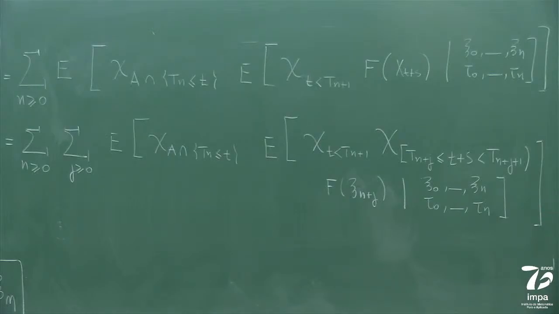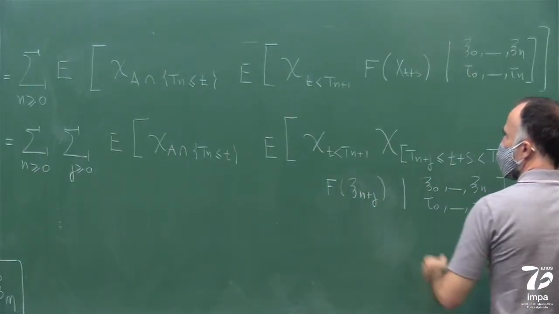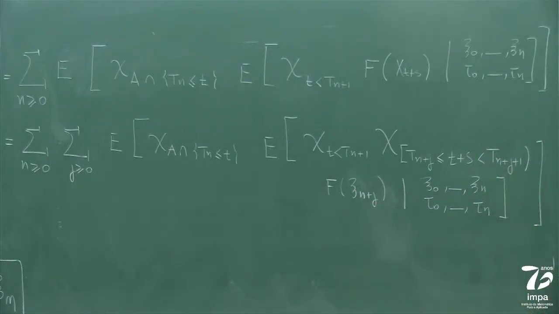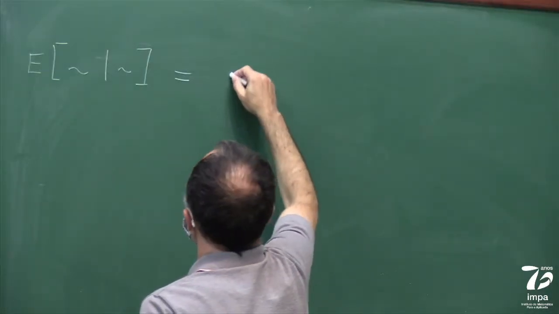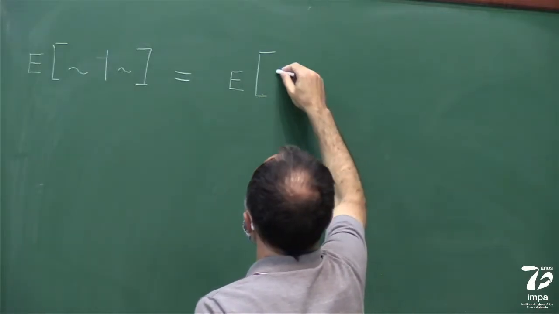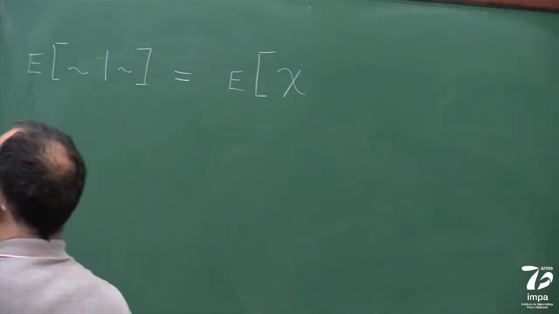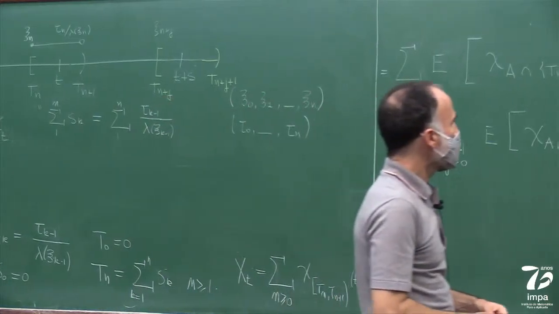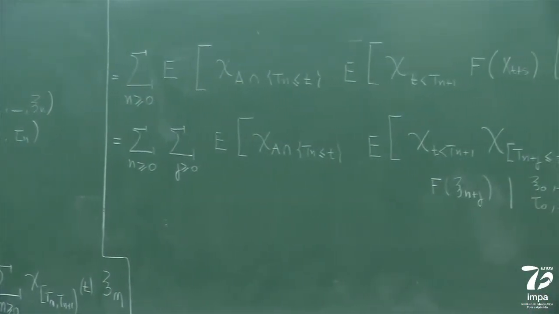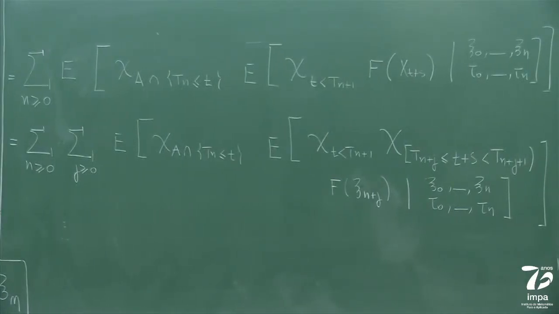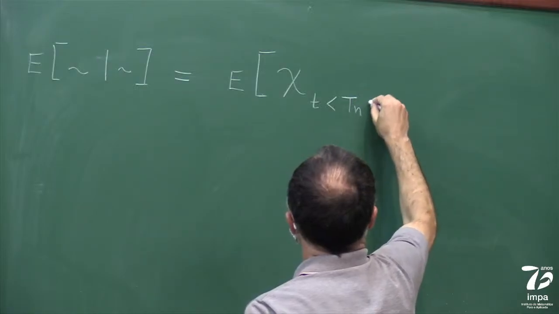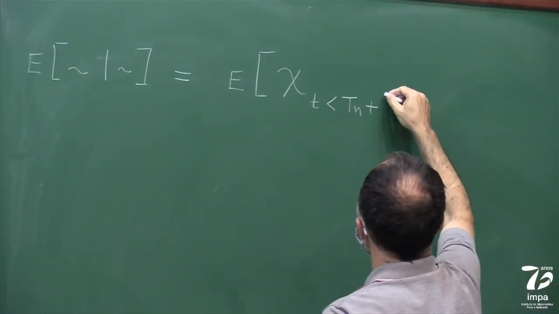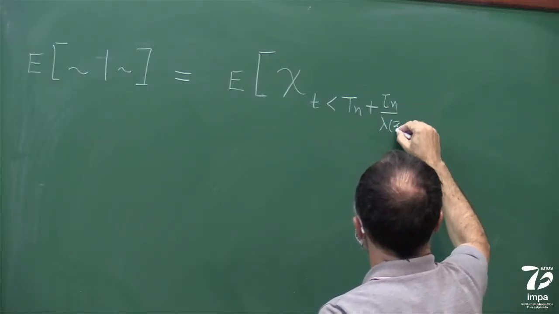Well, I will just write everything in terms of my variables tau or S. So Tn is a function, it's Tn plus S_{n+1}, and S_{n+1} is tau n divided by lambda of psi n.